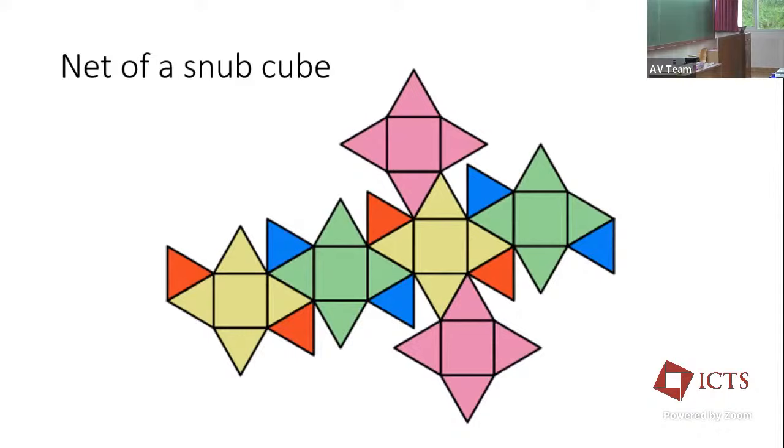It's a great website for virtual manipulatives. And the best part is you make that net and then you can ask it to fold. It will actually fold to give you the solid, which you can then rotate. So you have seen pictures of both, right? So that's how you got pictures of both.